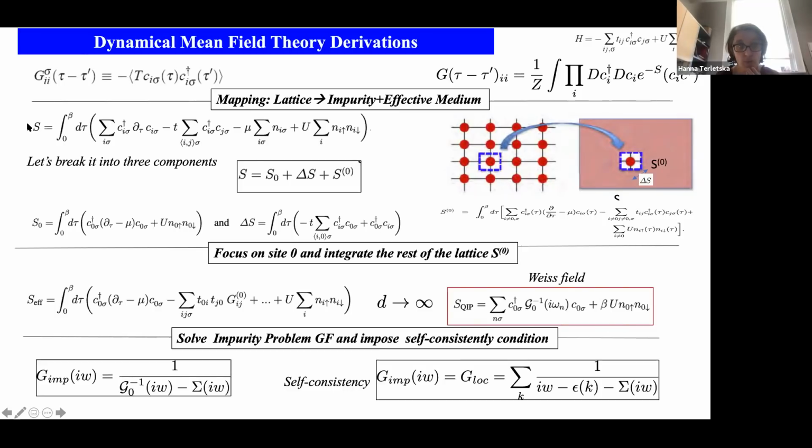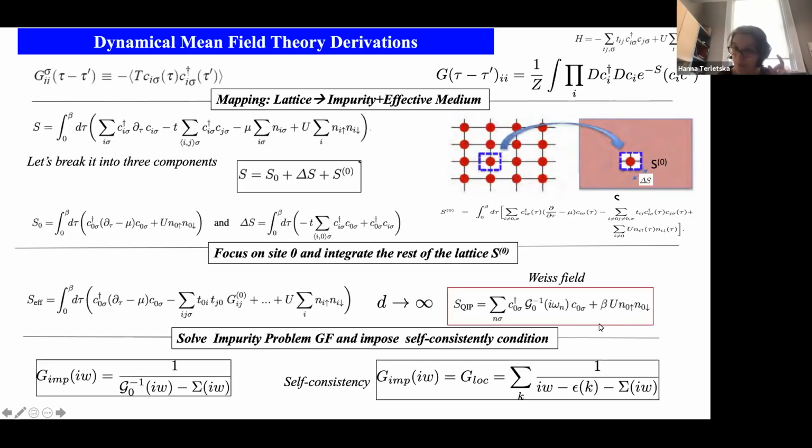We are going from the lattice action to the quantum impurity action, where we have the impurity part here and the Weiss field, which represents the effect of the rest of the lattice on this impurity in a dynamic way. Because unlike in the static mean field theory, the Weiss field G script 0 is not a number, it's a function of frequency. That's why we call it dynamical mean field theory.